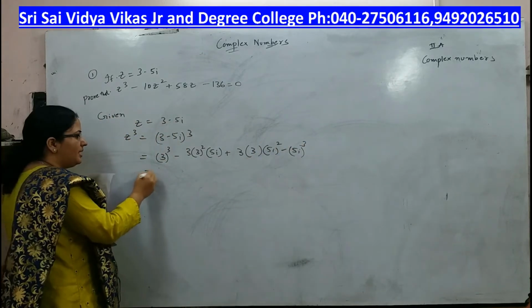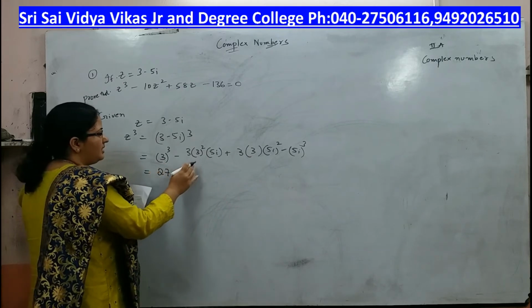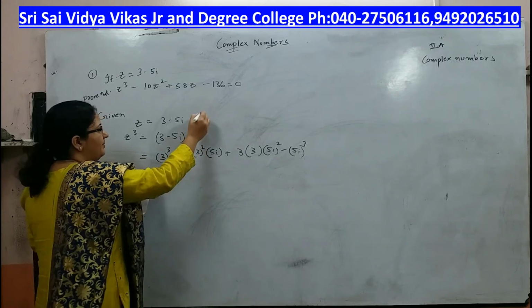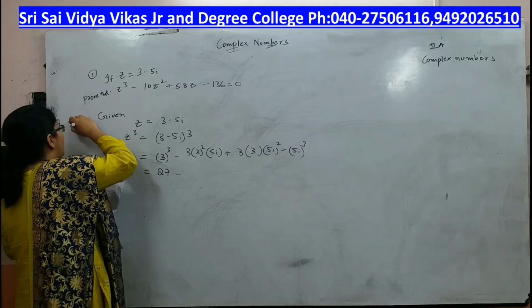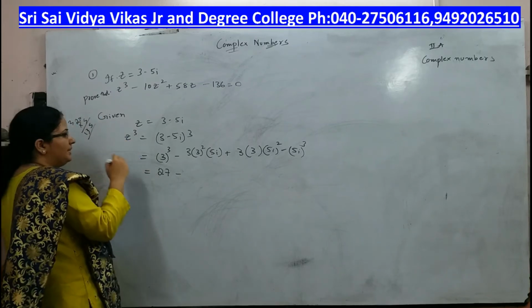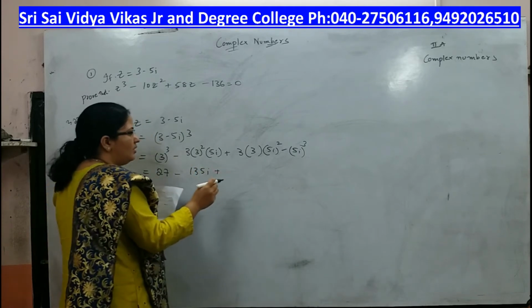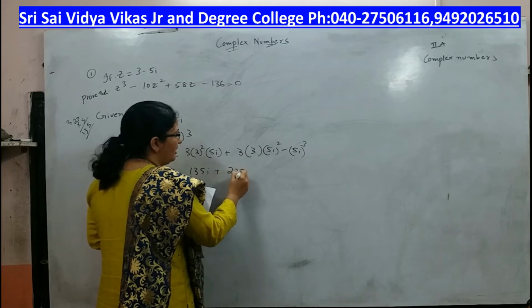So this is nothing but 3 3s are 9, 9 3s are 27, minus 9 into 3, 27, 27 into 5, 135i, plus here you have 25 into 9 which is 225.